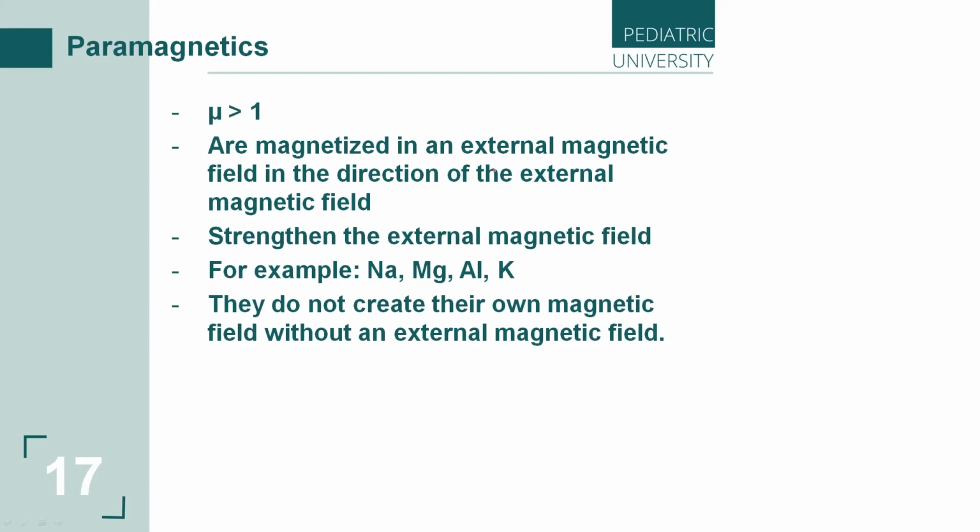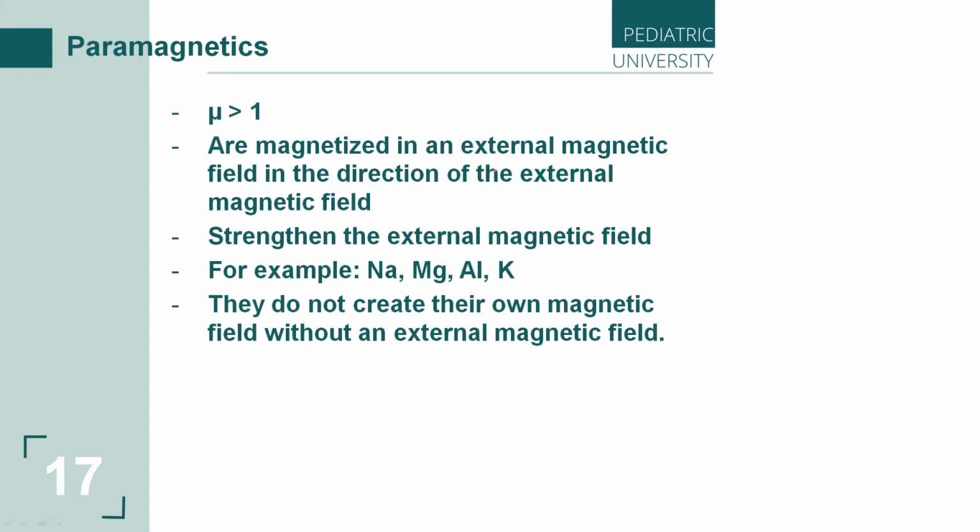Metals that are magnetized in an external magnetic field in the direction of the external magnetic field and have a positive magnetic susceptibility are called paramagnets. Paramagnets are weakly magnetic substances, and magnetic permeability is slightly different from unity.